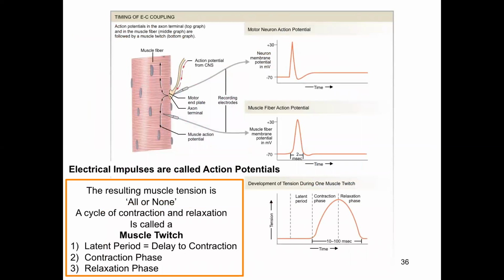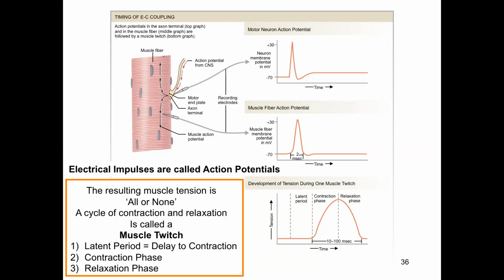What we can do is actually measure the electricity flowing through these fibers. We're going to come back to this later on because we're going to look at the same kind of thing with a neuron, and really break down how this works. We can measure the electricity flowing through the neuron and through the muscle fiber, and we can also see the movement or the contraction.